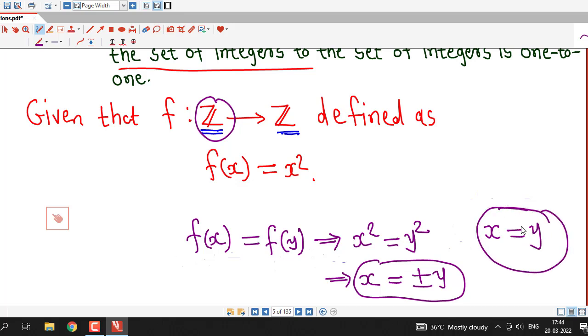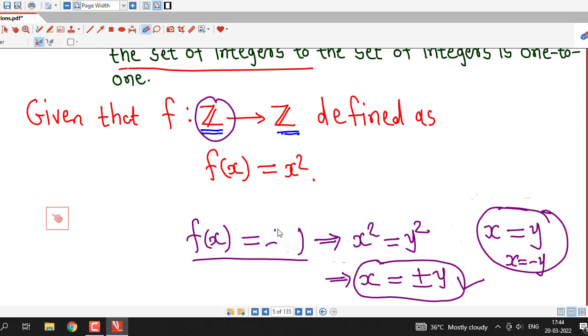So from this we can have the idea that there are chances that this function cannot be one-to-one, because we are not strictly getting that x equal to y. If f(x) equal to f(y), then we find that x equal to plus or minus y. That means x can take the value y or x can take the value minus y. So we are not getting from this that f can be one-to-one.